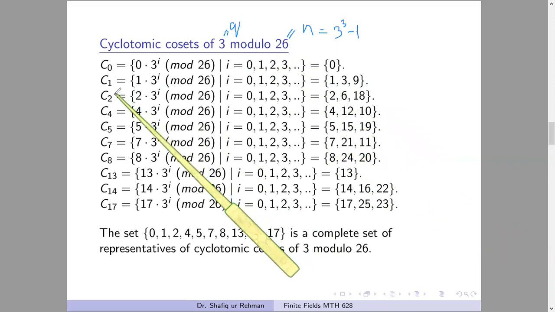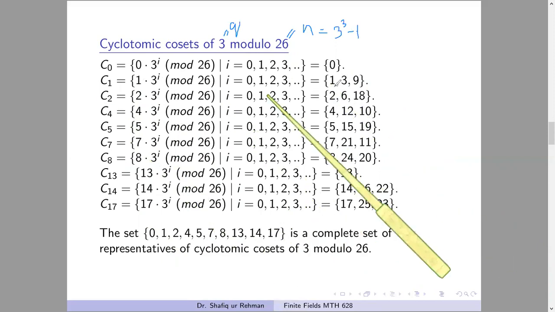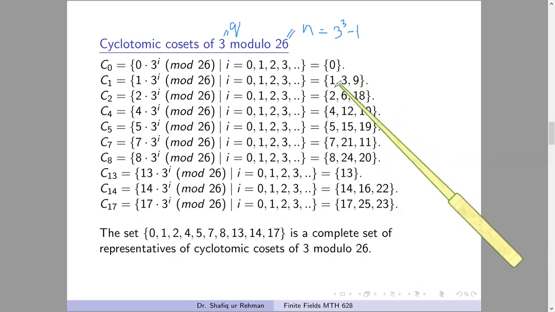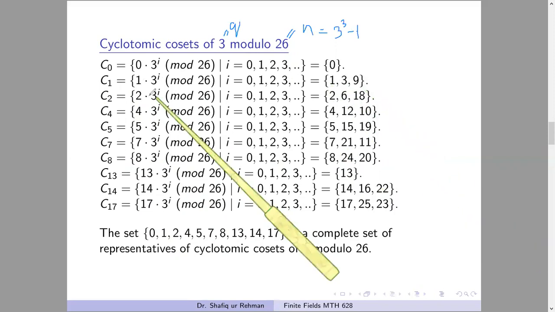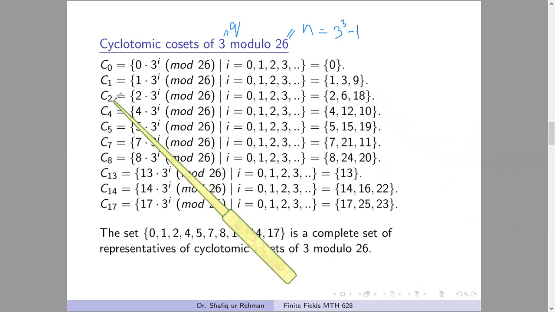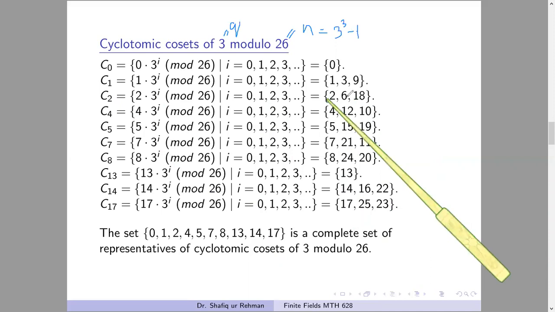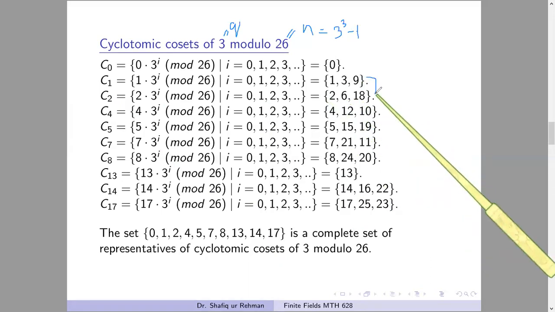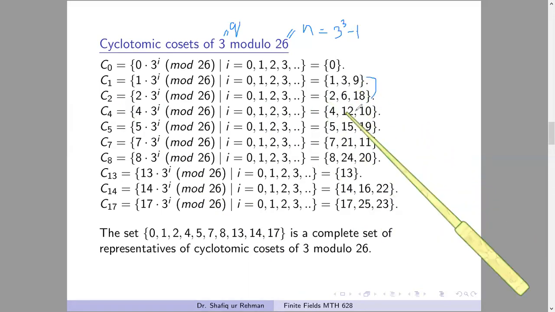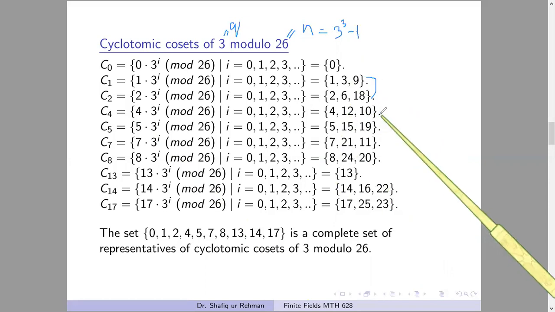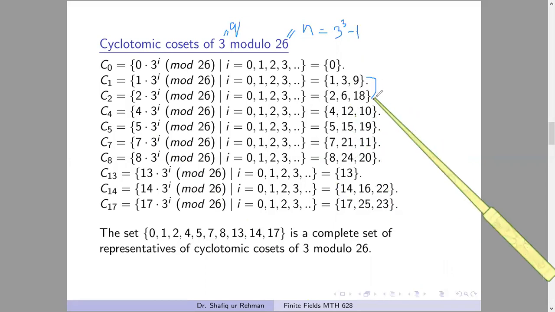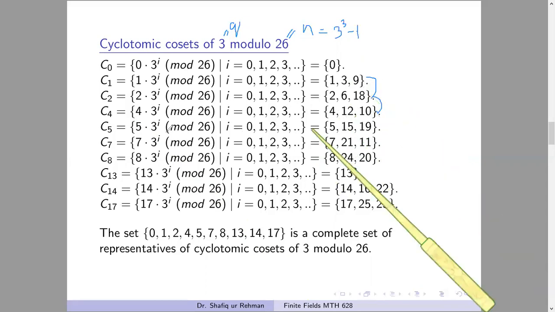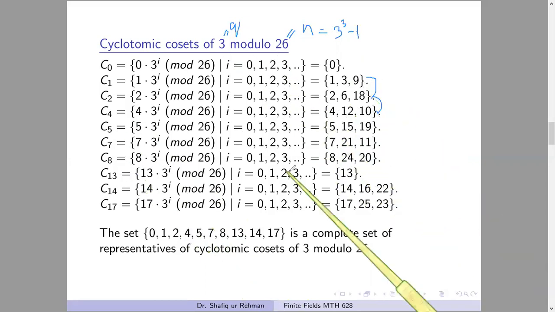Similarly, we will perform this for all other numbers. In C1 we have 1, 3 and 9, and now we choose some other number that is not in this set. Let's say we start with C2. After finding C2, we will take some number that is not in these two sets. We start with 4, and after getting this set, we will take any number that is not covered in these sets, and so on until we cover all the elements of Z26.